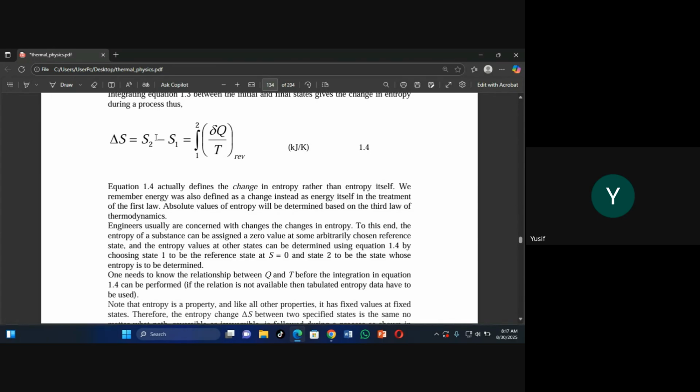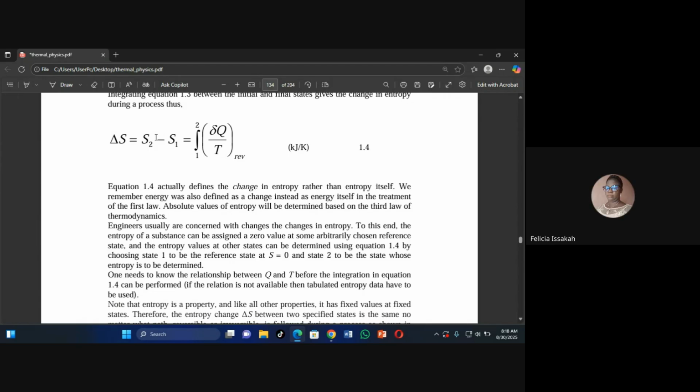So it's called change in entropy, and that is not entropy itself. But it's also known as entropy in the sense that the initial state is always assumed to be 0, so whatever you get for the second state is the entropy. I don't know if I'm making sense though.